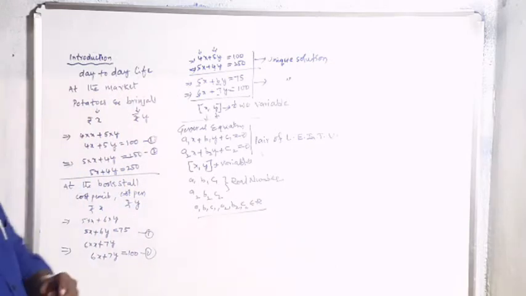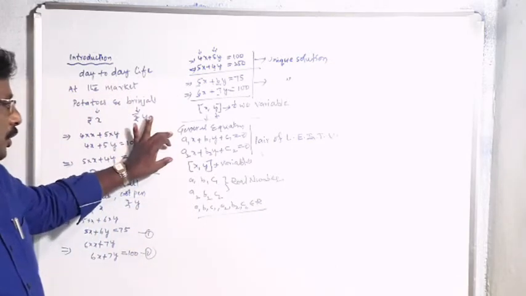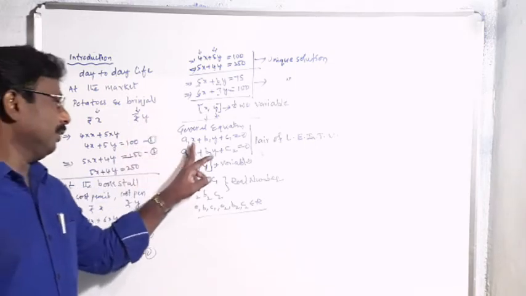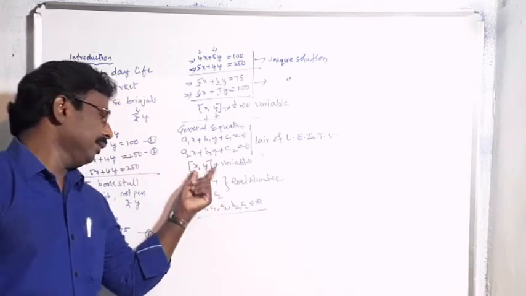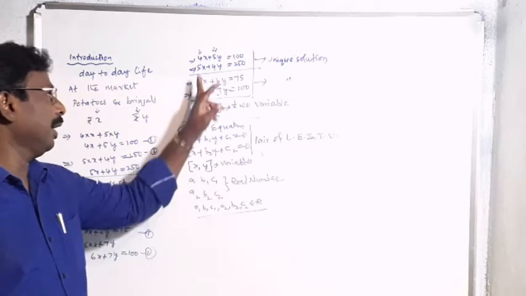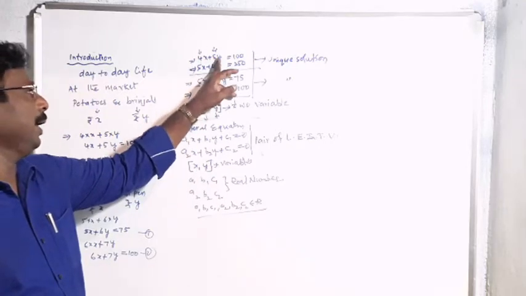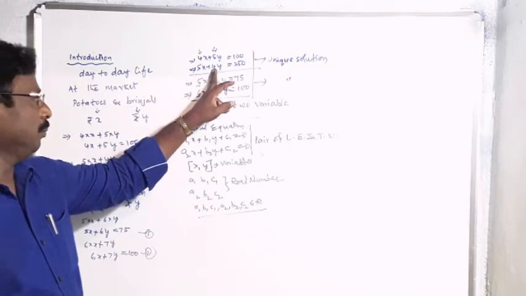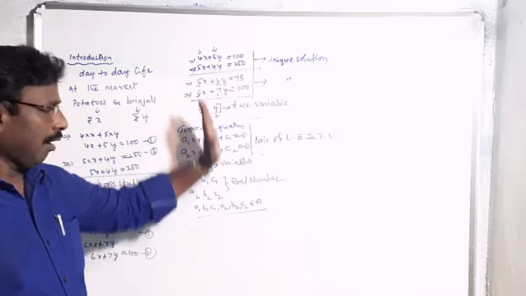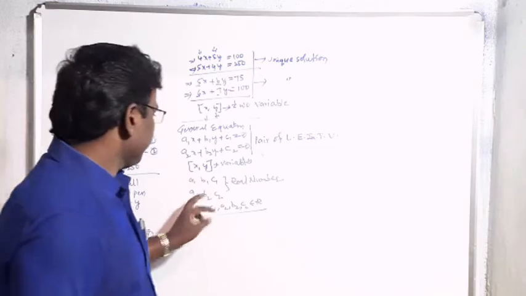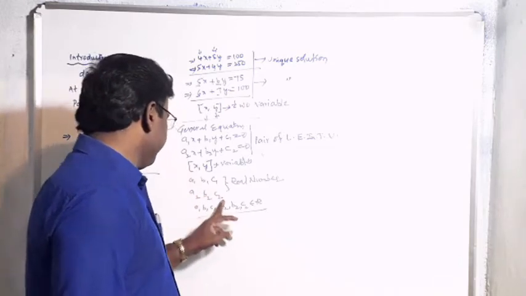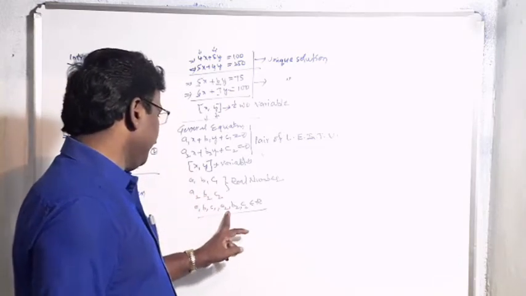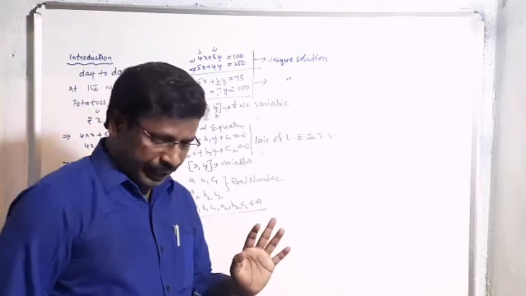Are you seeing properly? These are a pair of linear equations in two variables. X, y are variables and A1, B1, C1, A2, B2, C2 are numbers, belonging to real numbers.